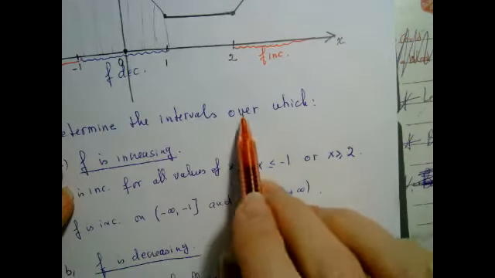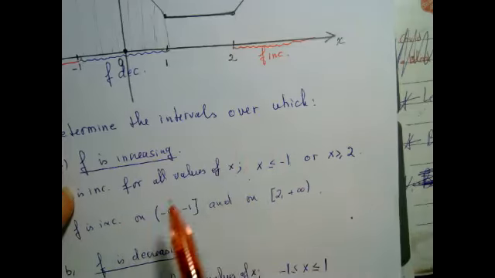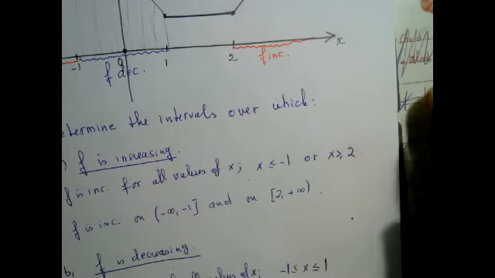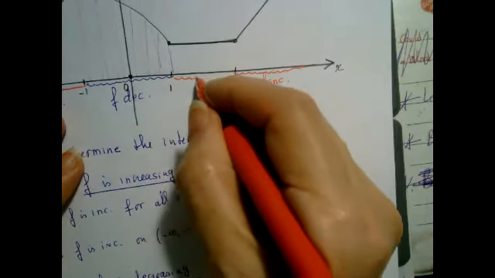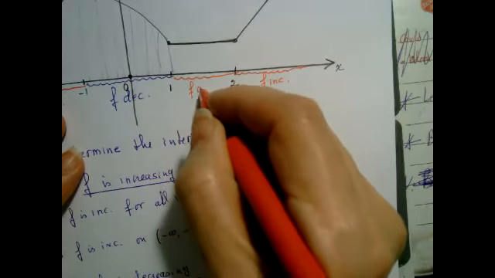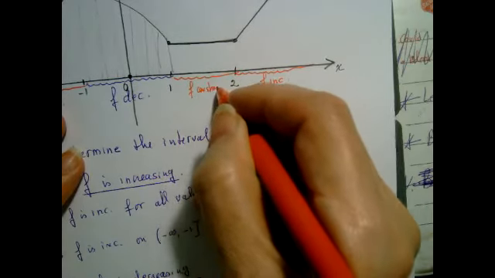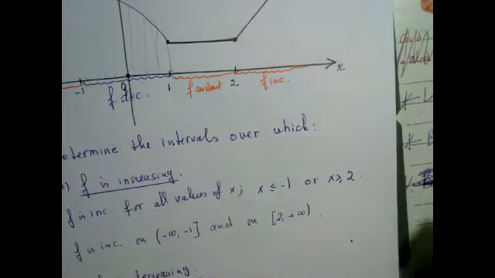Determine the interval over which the function is constant, does not change value. 1 to 2. Okay, so it has to be an interval.